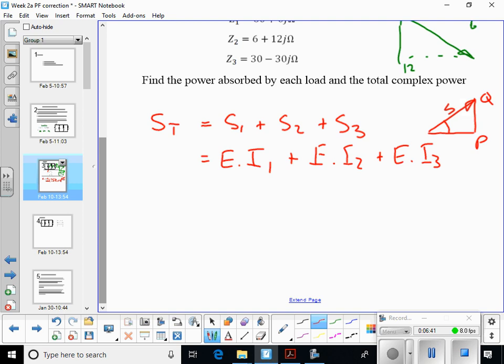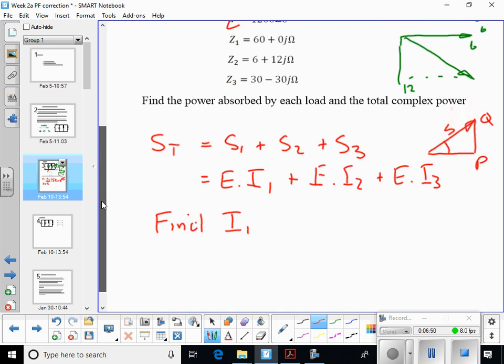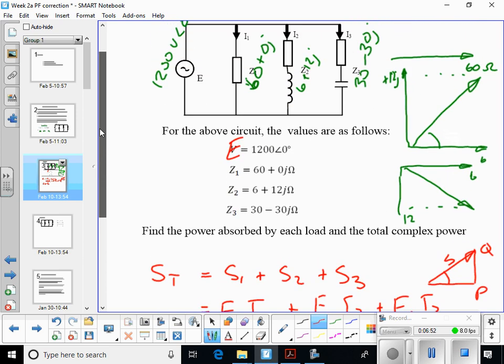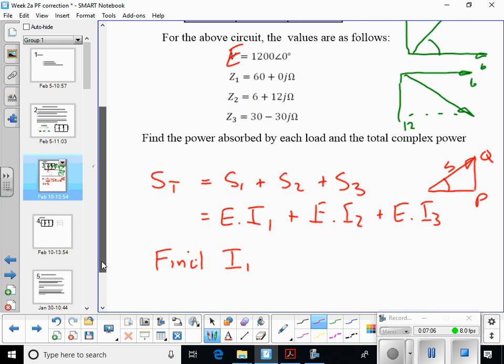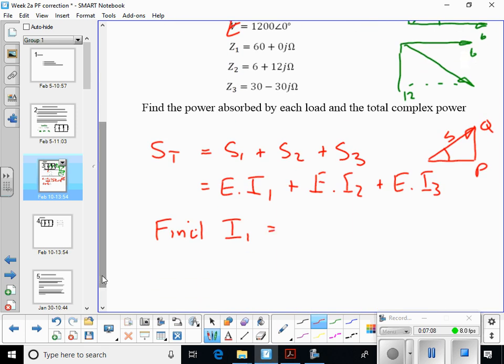So, firstly, how can we find I1? What's the way into the information that we've got for finding I1? Nearly. It is the voltage. I've got a problem with R in this case because that's Z for impedance.